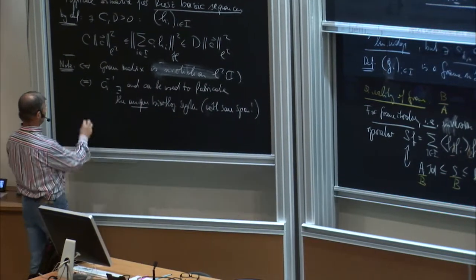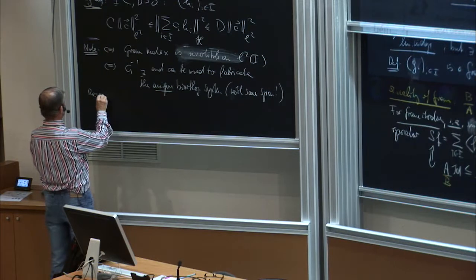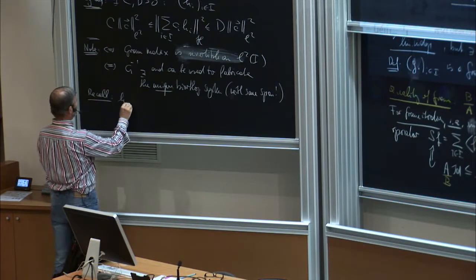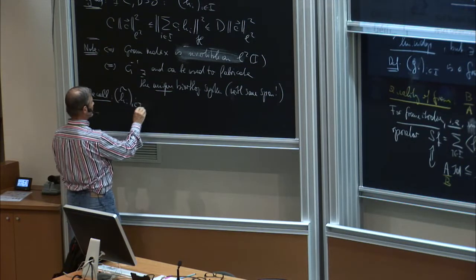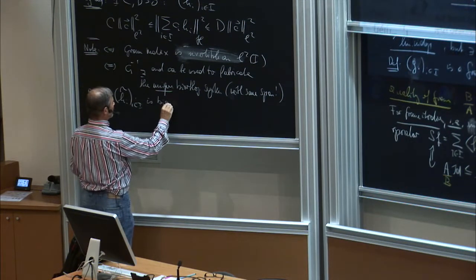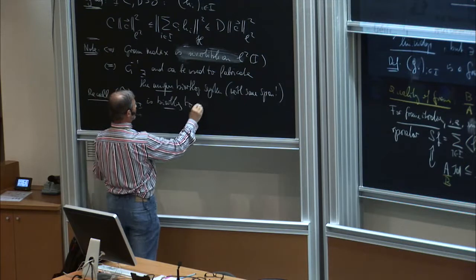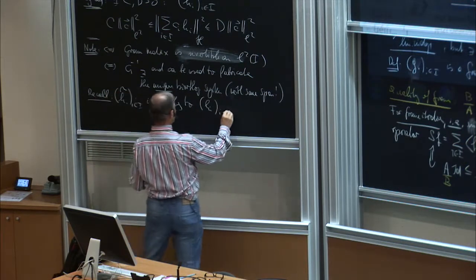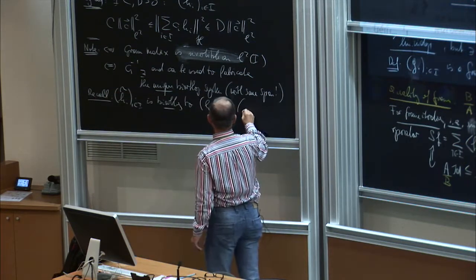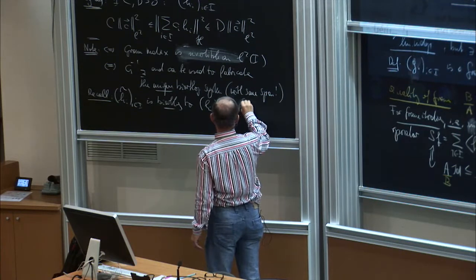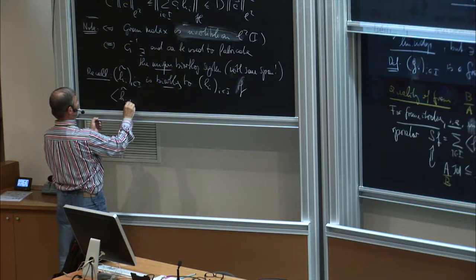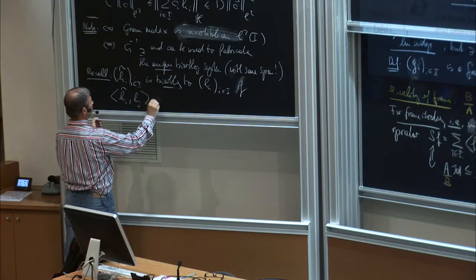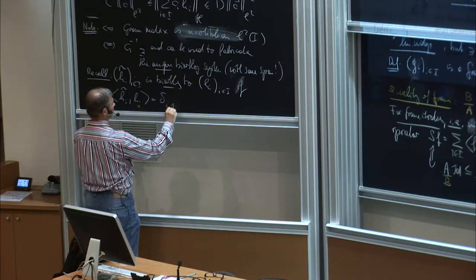Biorthogonal, so recall the definition. H_i tilde is a family with the same index set, biorthogonal to a family H_i, i in I, if, of course, the scalar product of H_i tilde with H_j is just delta_ij, the Kronecker delta.